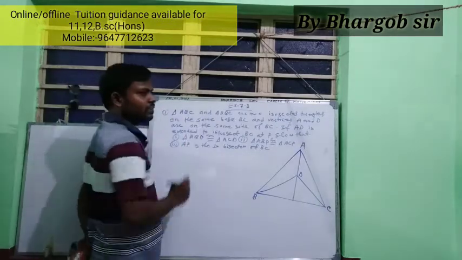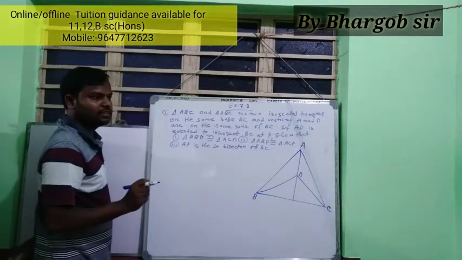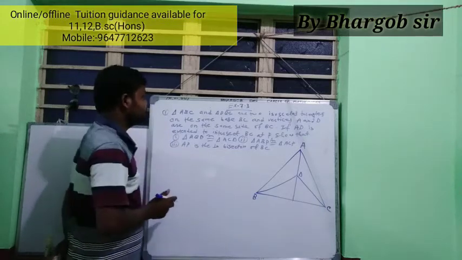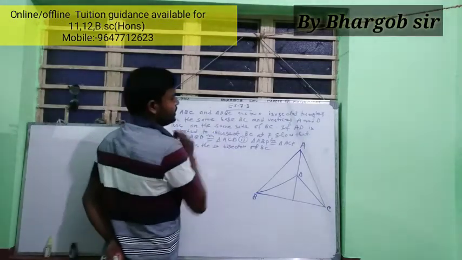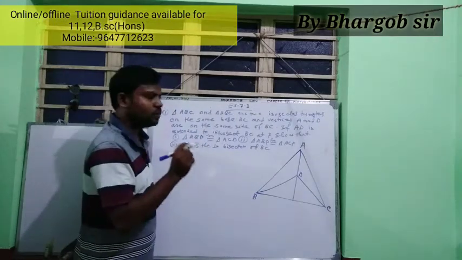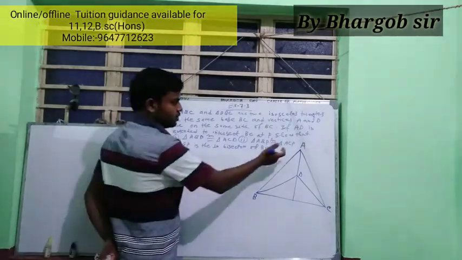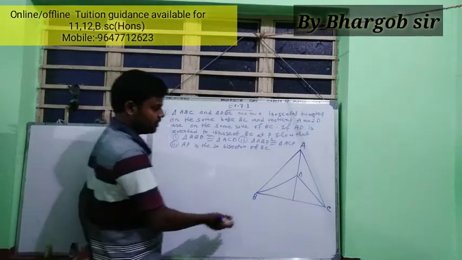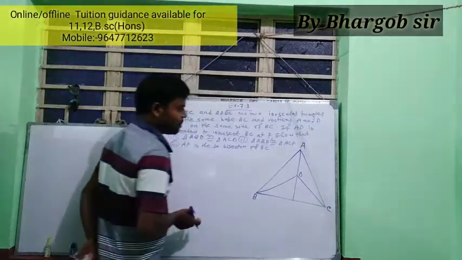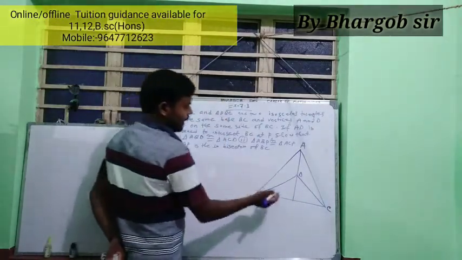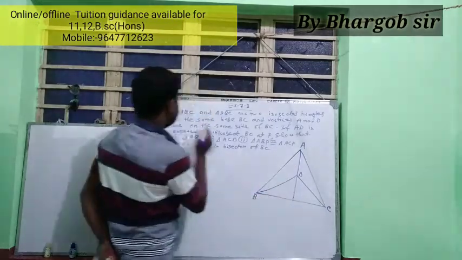That means two sides are equal in both triangles, on the same base BC. That is, their base is the same, and it is called BC. The picture is given in your exercise. BC is the base, DBC is this triangle, and ABC is this triangle.